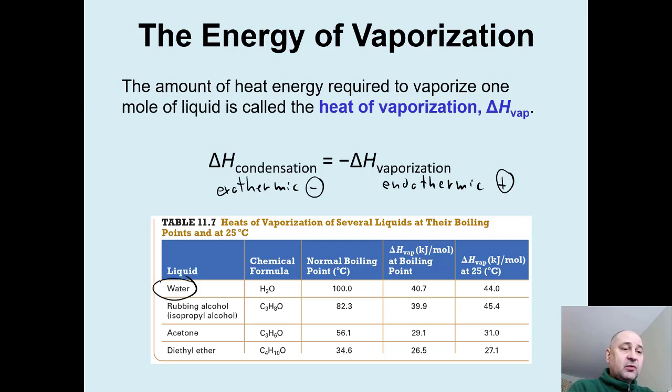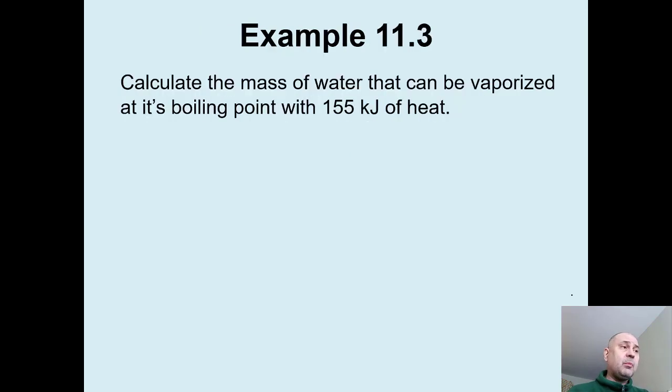Water requires 44 kilojoules per mole to vaporize. Then the delta H of condensation, of course, would be negative 44.0 kilojoules per mole. All right, and so the units are going to become very important for all of the calculations that we are performing.